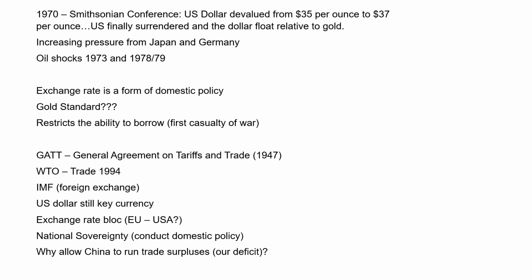The Smithsonian Conference was the beginning of the end for the dollar's attachment to gold. We didn't have a gold standard, but there was an attachment to gold prior to this, and it went first from $35 an ounce to $37, and finally the dollar was allowed to float relative to gold and anything else.